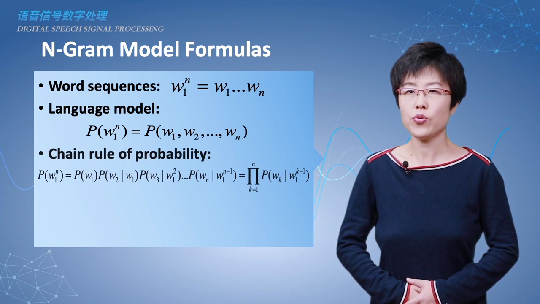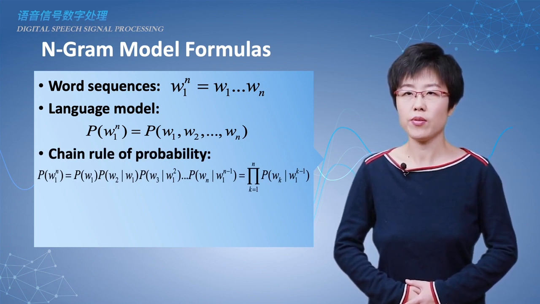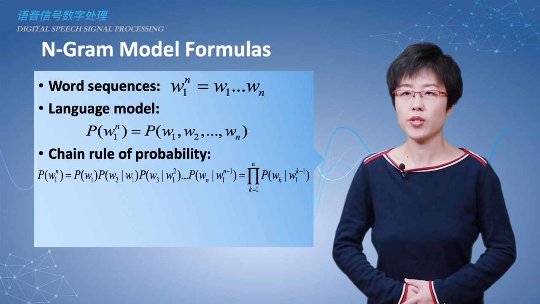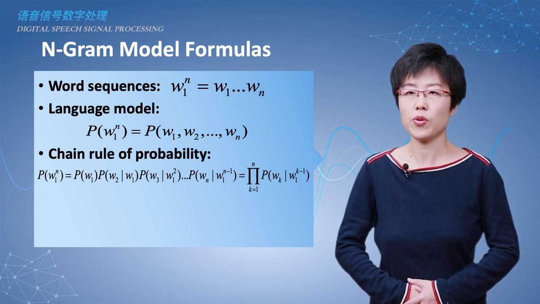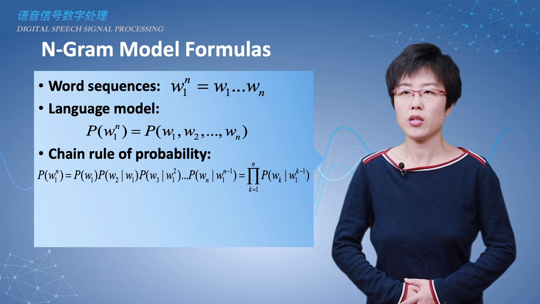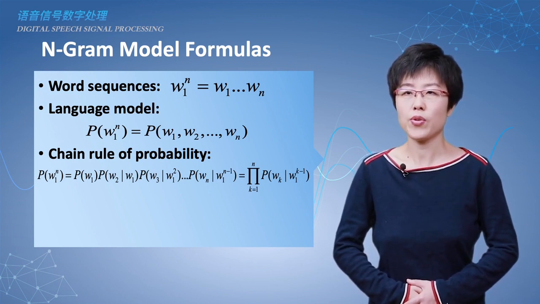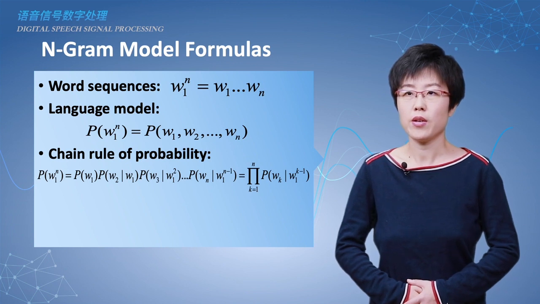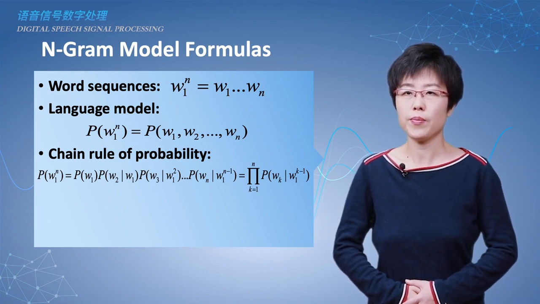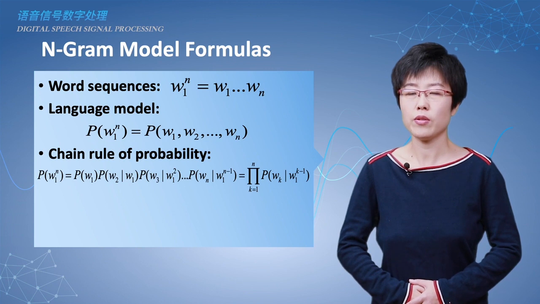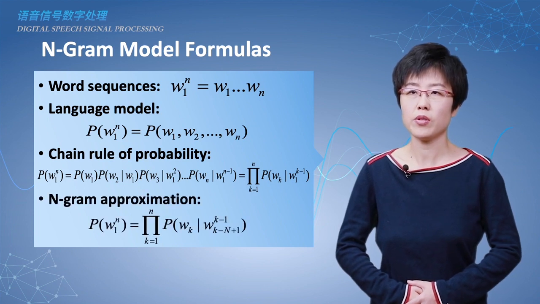According to the chain rule of probability, we need to calculate the probability of a word and the conditional probability of a word given the first few words, that is, the language model parameters. In order to lower the complexity when computing the probability, we use a Markov assumption to obtain n-gram assumption.